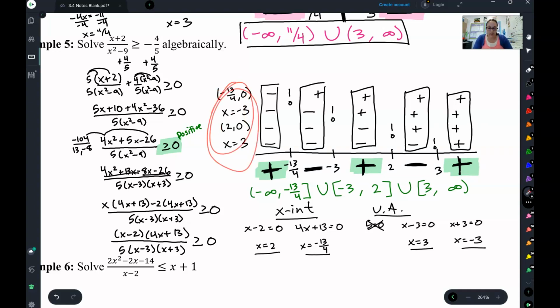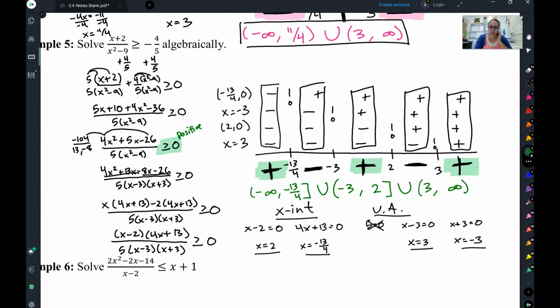If you write it like this, it is very easy to see which ones are your vertical asymptotes, and so those numbers you need to change to parentheses. So negative 3 is a vertical asymptote. It's written as x equals, so I'm going to change the negative 3 to a parenthesis. This 3 is written as a vertical asymptote, so I'm going to change the 3 to a parenthesis.